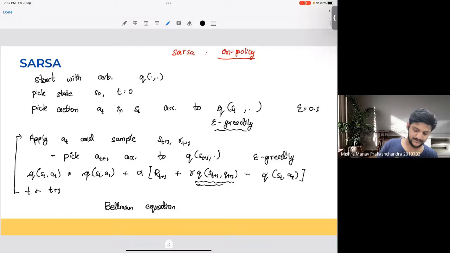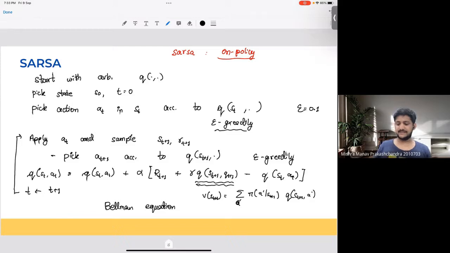Instead of your value function, your v of st plus 1 is the expectation over a prime of q of st plus 1 a prime.